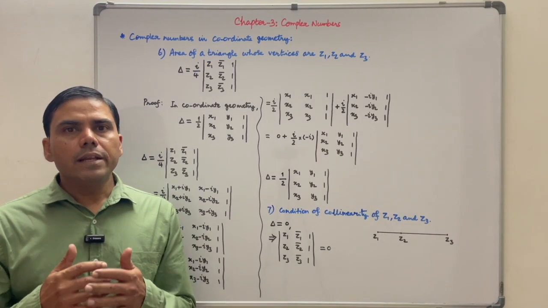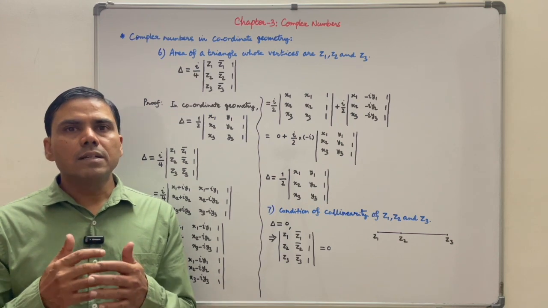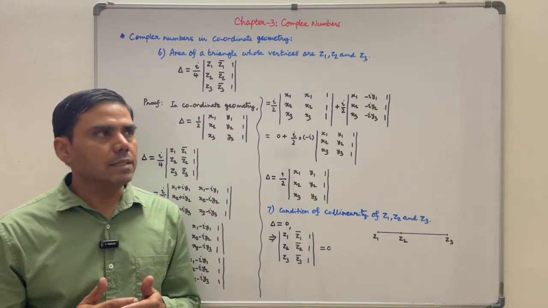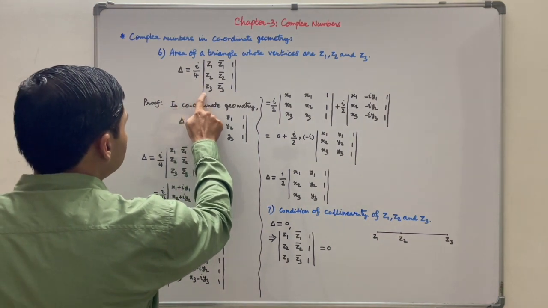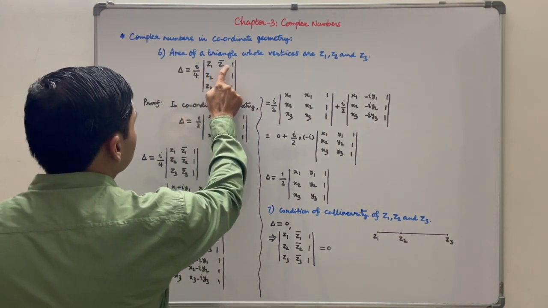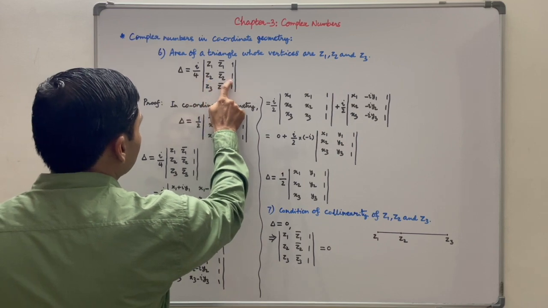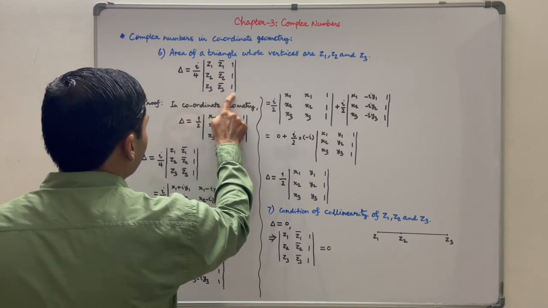Let us find out area of a triangle whose vertices are z1, z2 and z3. It is given by delta is equal to i by 4 inside determinant z1, z1 bar, 1; z2, z2 bar, 1; and z3, z3 bar, 1.